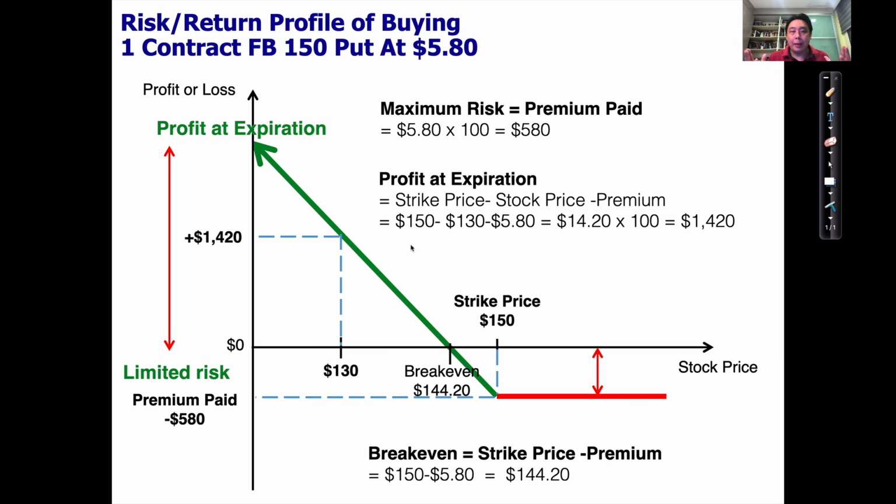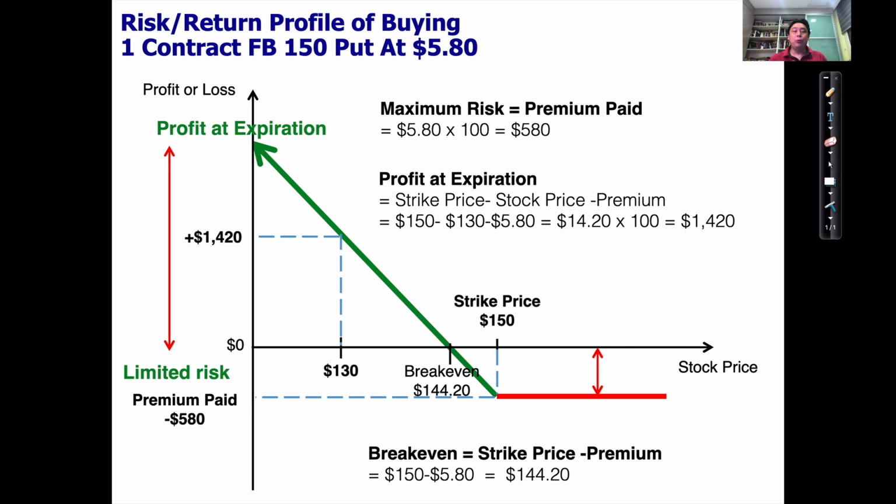So by doing that, if Facebook shares drop below 150, you can still sell your shares at 150. So it's kind of like you own the shares, but you have locked in the sales price. So you have no concern if the share price drops, you can still sell it at 150. And we call that buying a protective put, because you're buying a put to protect your shares. And we'll learn more about that in the subsequent lessons.